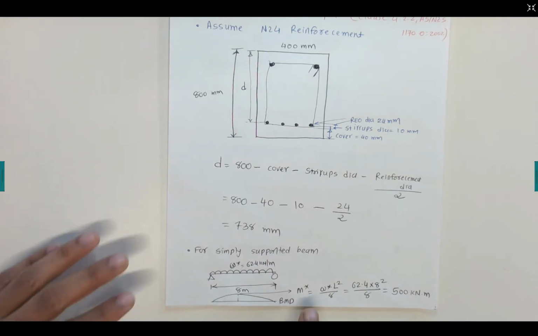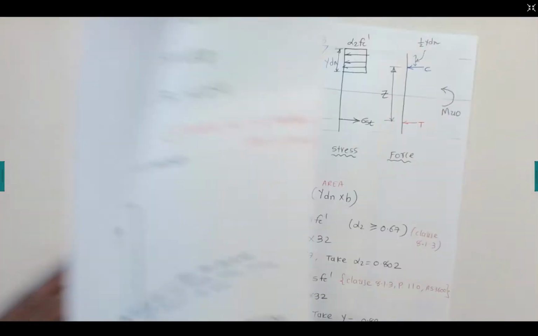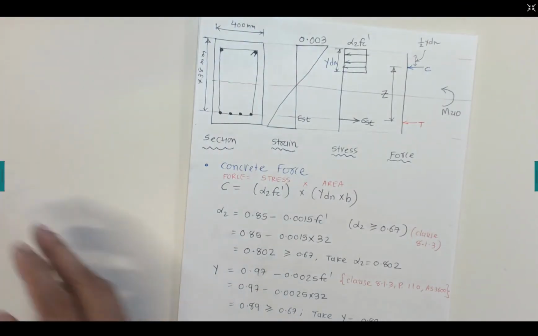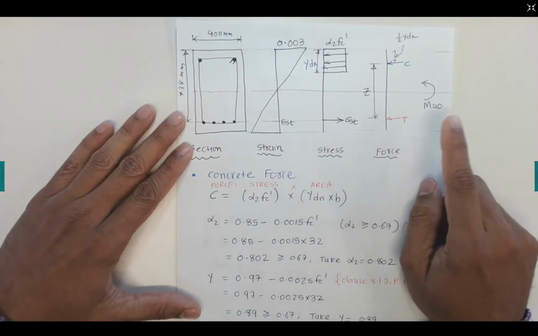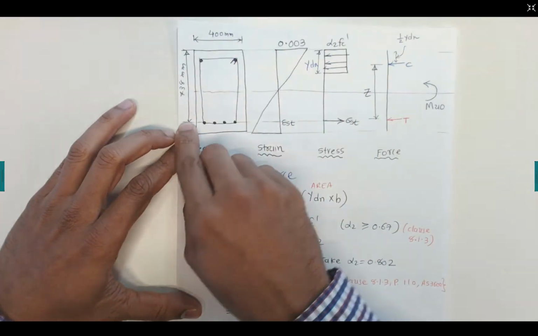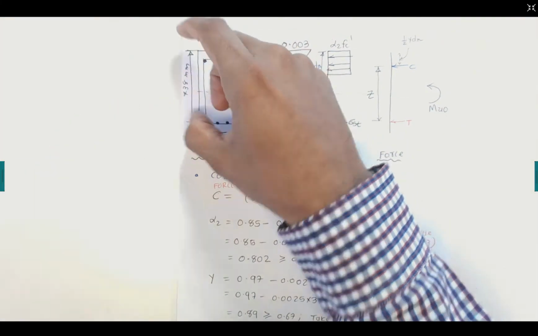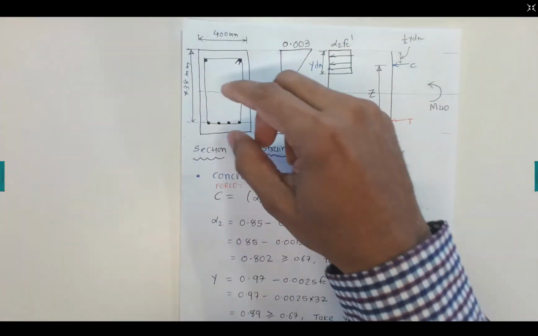Once we calculate the design moment of 500 kilonewton meters, we can go ahead and draw the stress distribution, the linear strain distribution, force and the moment. So this is the cross section, 400 millimeter by 800 millimeter. We already calculated 738 millimeter small d, which I placed here.